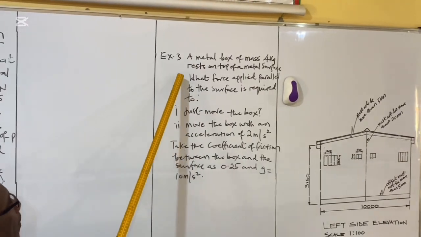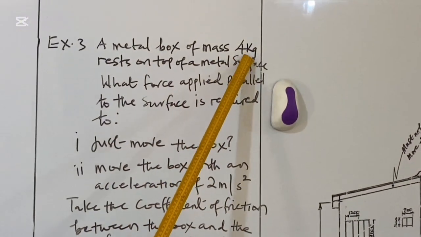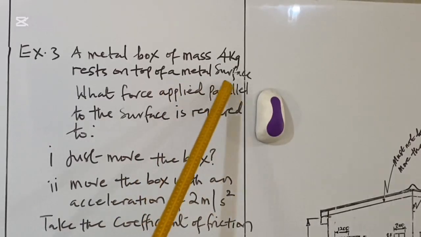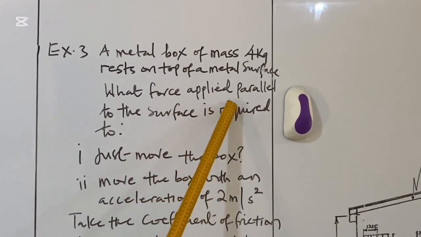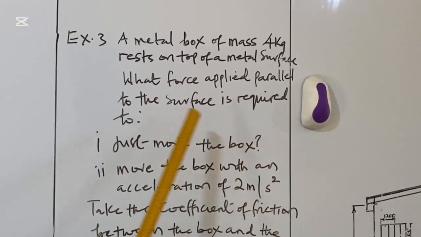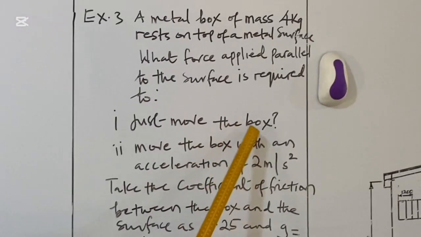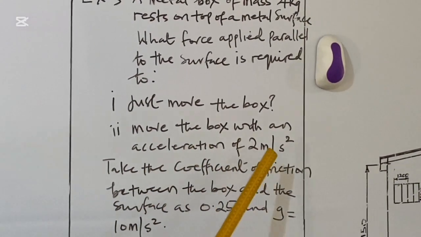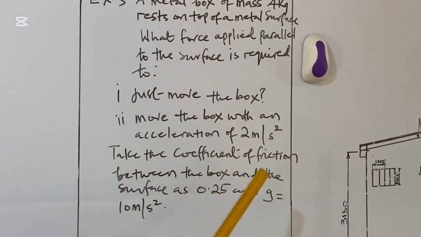The next example is a metal box of mass 4 kilograms rests on top of a metal surface. What force applied parallel to the surface is required to 1. Just move the box. 2. Move the box with an acceleration of 2 meters per second squared.